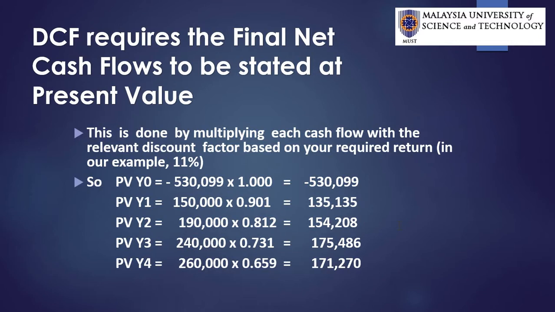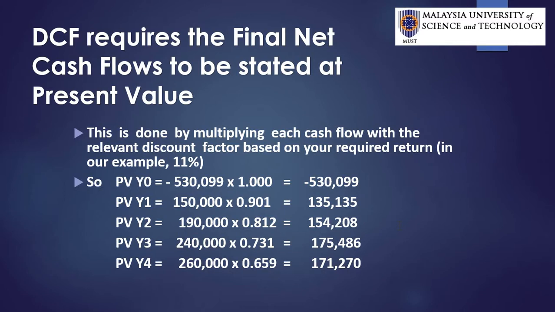If you look at a discount factor table, it has columns with different interest rates. You have to look up the column for 11% and follow the row for year 1, and you will find this as 0.901. It's as easy as that. So all the maths is already done for us.